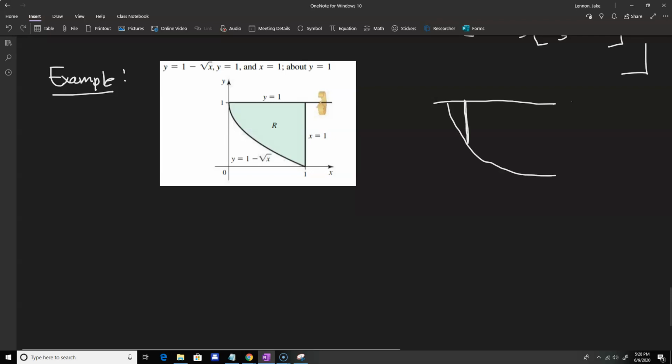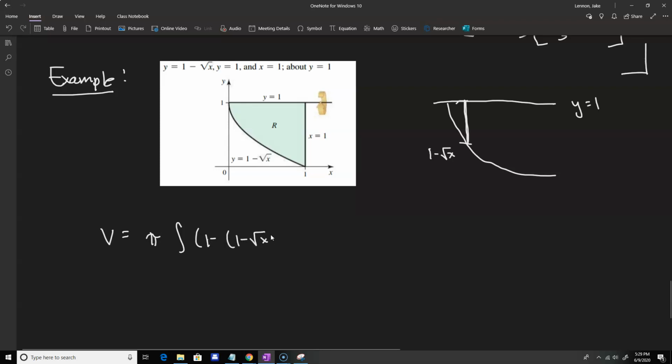And it's just going to be this 1, this height, minus the formula for the value down here, which is just 1 minus the square root of x. So that's essentially our radius, and that's what we're going to want to integrate in the washer method formula.